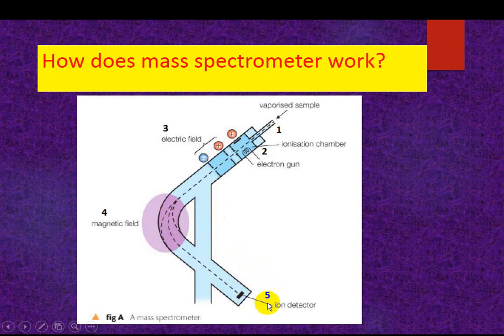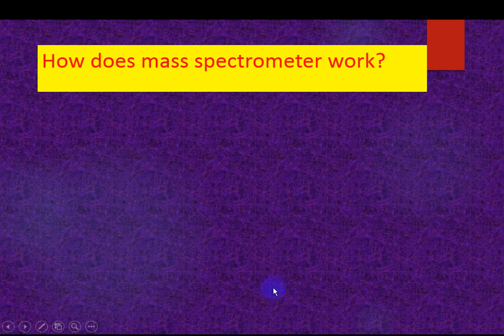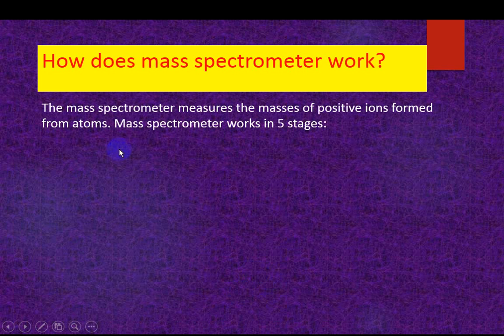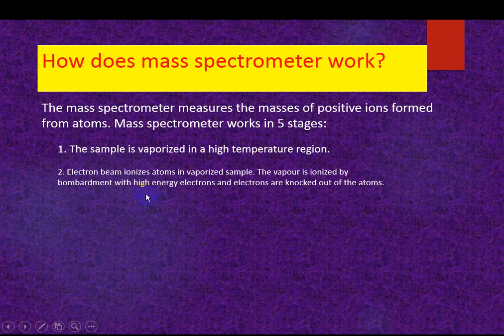Then the ion detector detects the ions. Here it is given that the mass spectrometer measures the positive ions formed from the atoms. A mass spectrometer works in 5 stages. In the first step, the sample is vaporized in a high temperature region.